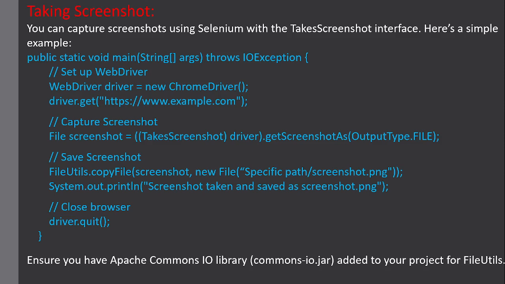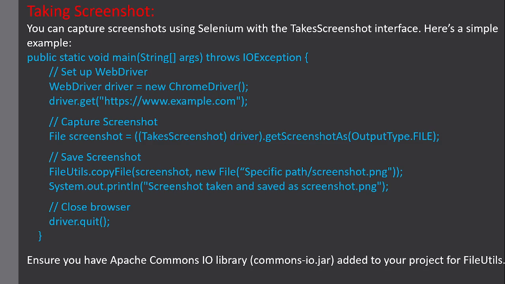Inside this we pass the parameters screenshot, comma, and the new file path. After that, if we want to print the output in the console, we write System.out.println("Screenshot taken and saved as screenshot.png"). After that we can quit the browser.